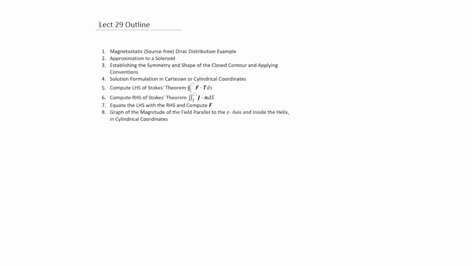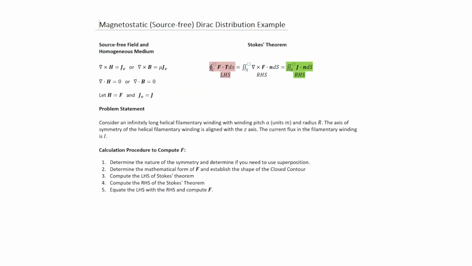As usual, the second slide is just a summary of the slides to follow, so we'll just skip it. Okay, so this is a magnetostatic, a source-free problem in which we're going to make use of the Dirac distribution. The field equations, as stated in a previous lecture, we can either talk in terms of magnetic field or in terms of magnetic flux density.